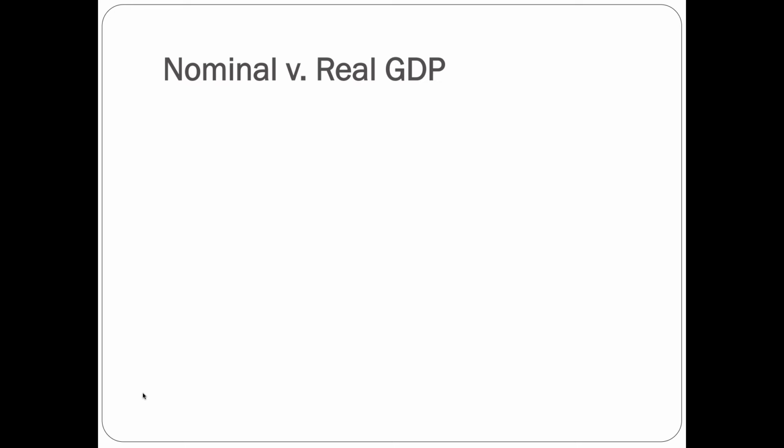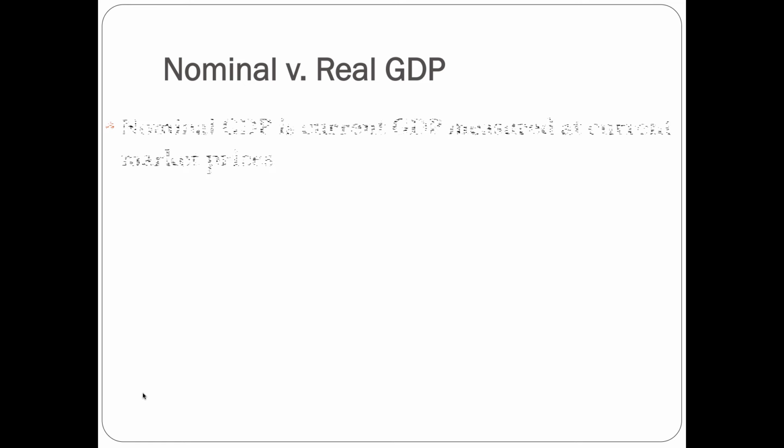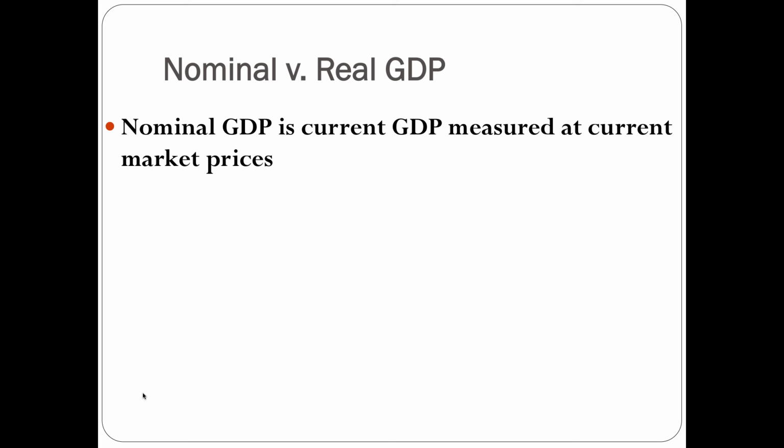Another very, very important topic is nominal versus real numbers, and particularly here, nominal versus real gross domestic product. Nominal gross domestic product is current gross domestic product measured at current market prices. Okay, so it is not adjusted for inflation, which is when prices are going up in the economy.